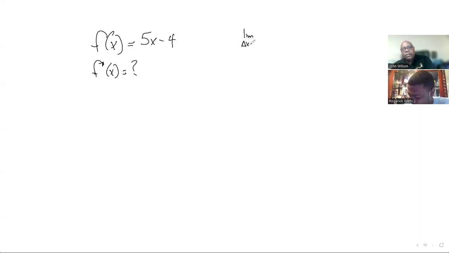The limit as delta x goes to 0 of f of x plus delta x minus f of x, all over delta x. That's how we get f prime of x.